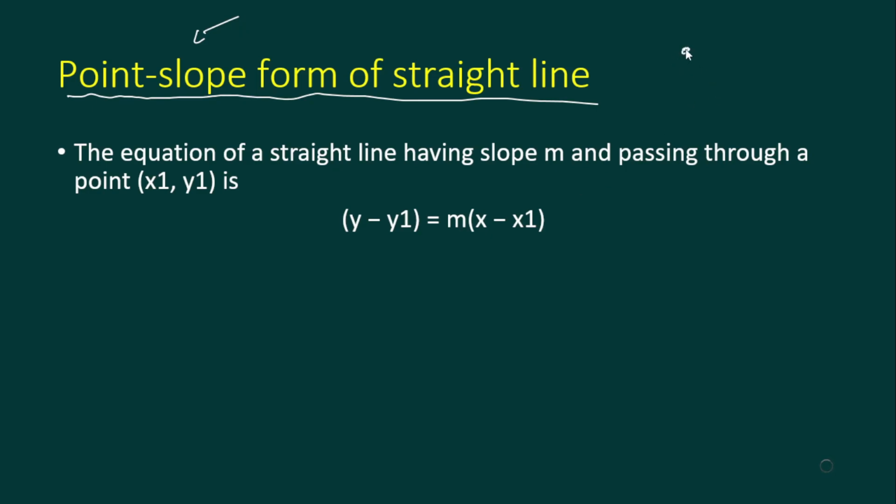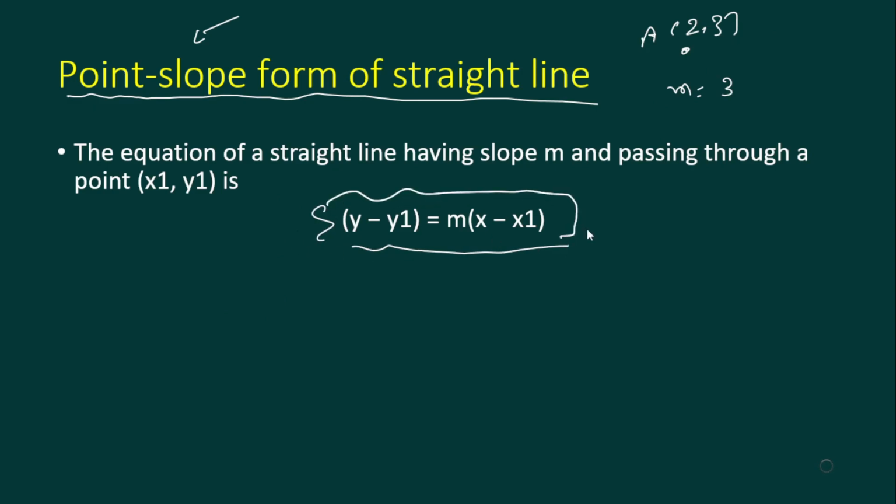So if we are given a point, let's say A(2, 3), and a slope, let's say 3, then we can use this equation to form the equation of a straight line: y minus y1 equals m times x minus x1.